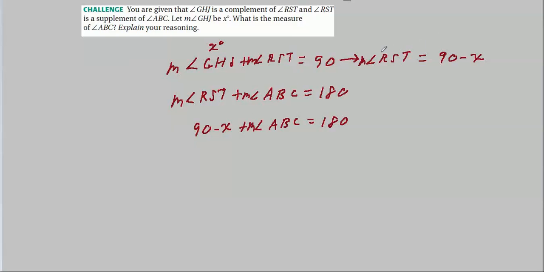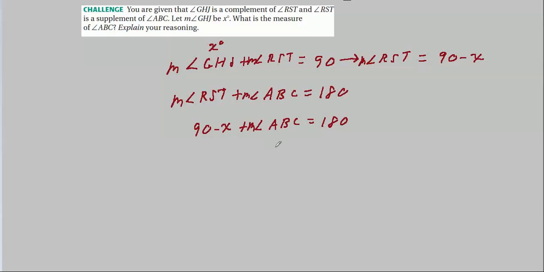The measure of angle RST is 90 minus x. We just rearrange this. We've got x degrees plus the measure of angle RST equals 90, so angle RST equals 90 minus x. In the second equation, we just substitute for measure of angle RST 90 minus x into this equation, we get this.